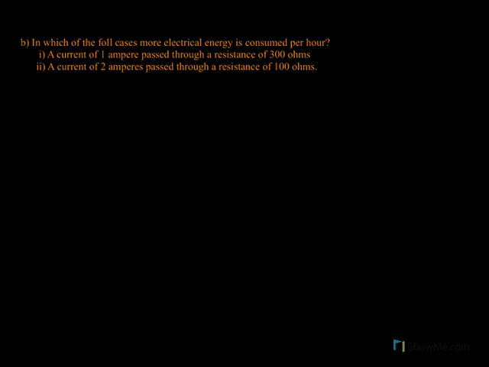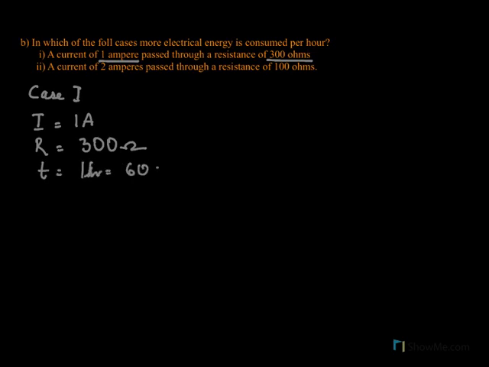Which of the following cases have more electrical energy consumed? 1 ampere current passed through a resistance of 300 ohms. So in the first case, my current is 1 ampere, the resistance is 300 ohms, and I want to know the energy consumed for 1 hour. So time is 1 hour, which I will make 60 into 60 seconds because I need to work in seconds.